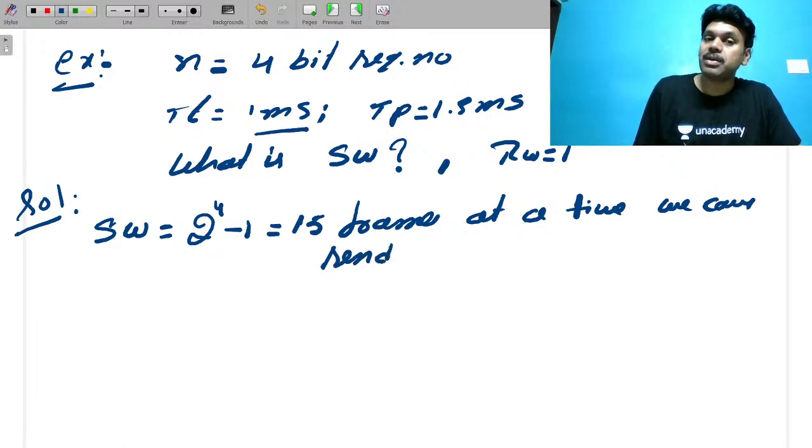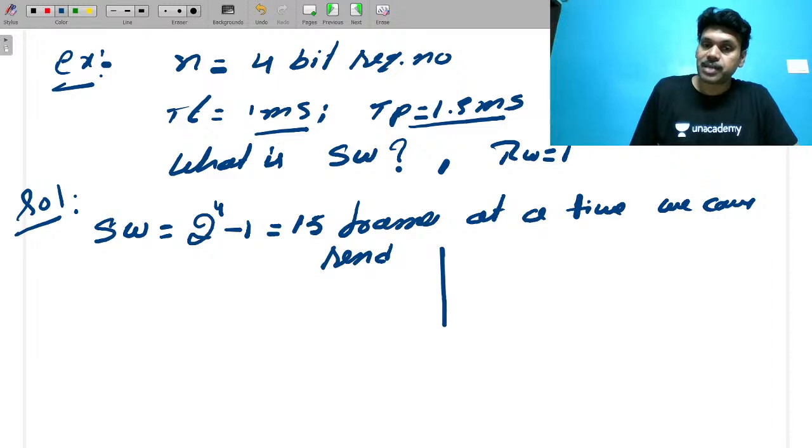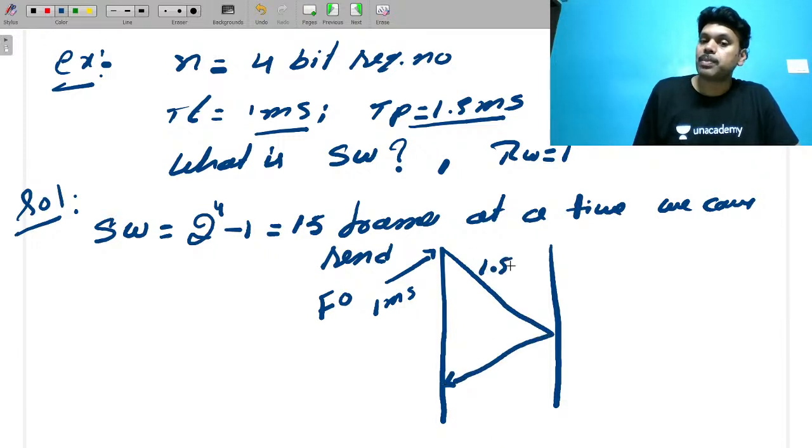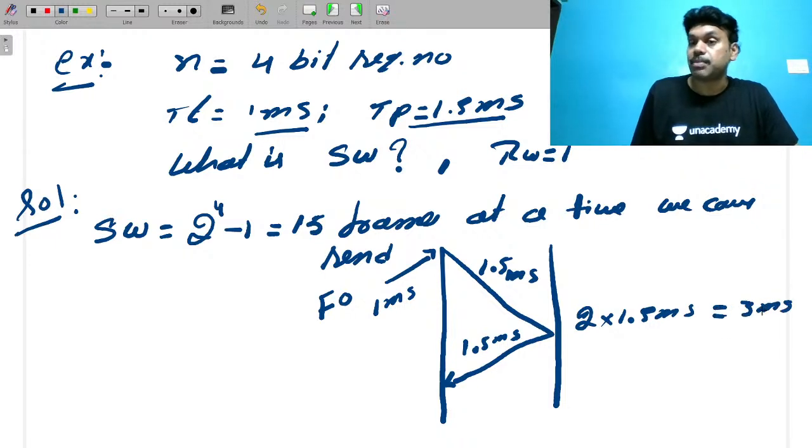That depends on your round trip time. Please observe. Whenever you push the first frame, frame 0, it is going to get acknowledged. You have transmitted in 1 ms. It is acknowledged after 1.5 ms and 1.5 ms. That means 2 into 1.5 ms is nothing but 3 ms. That means your waiting time is only 3 ms. That means I can send only 3 frames.